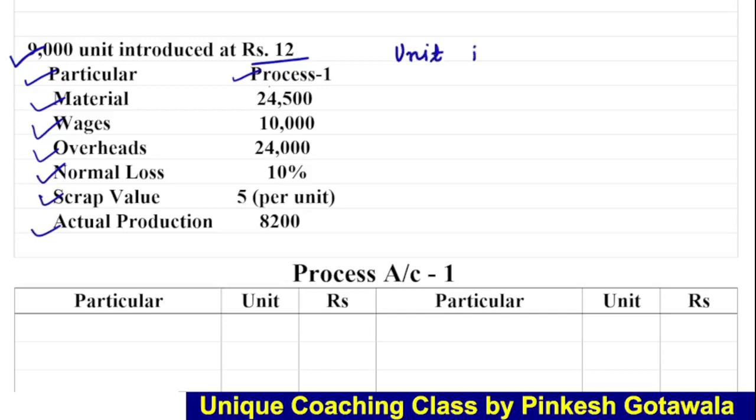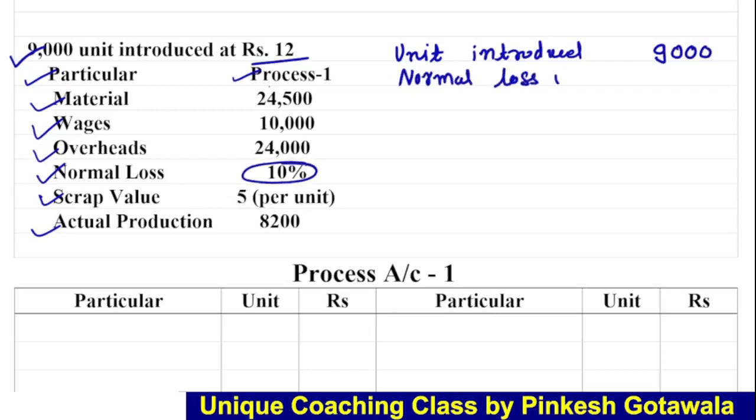Units introduced. How many units introduced? Total 9,000 units introduced. How much normal loss? There is a 10% normal loss. Okay, so 10% means 900 units will be normal loss, right?